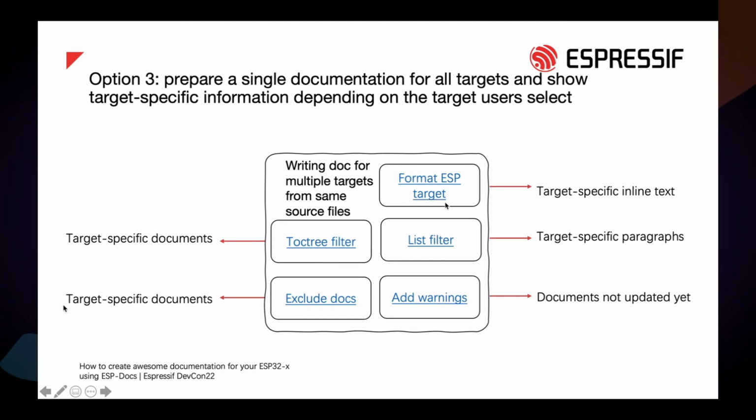Format ESP target allows showing target-specific inline text, and list filter allows showing target-specific paragraphs, and toctree filter and exclude docs extensions allow showing target-specific documents. And this add warnings extension can warn customers the documents that are not updated yet. So that's basically all about the first block.